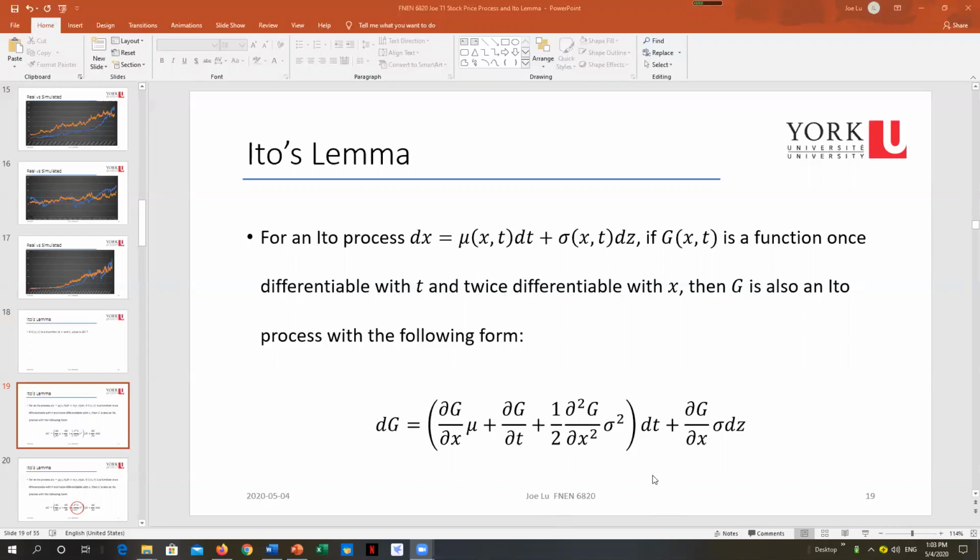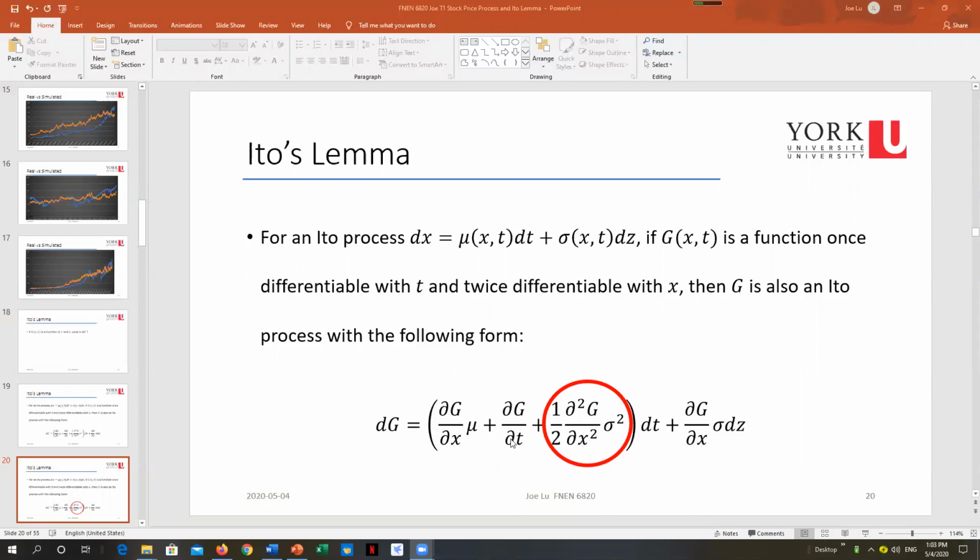And there's a strange looking thing here, which is one half of the second partial derivative of G times sigma squared. And then we'll have this dG/dx times sigma dz.